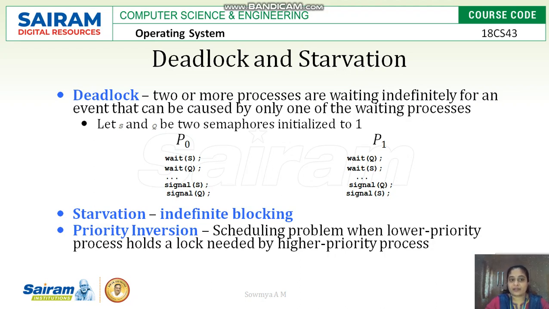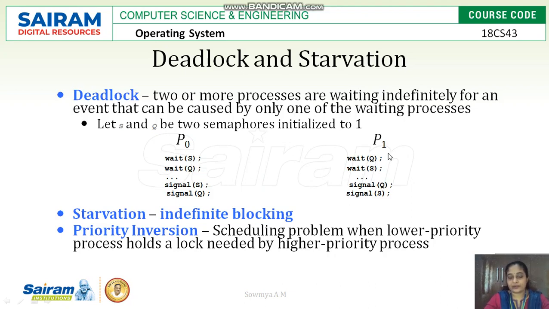Let's consider we have S and Q as semaphores. P0 is always waiting and P1 is always waiting, because P0 is waiting for the semaphore S and P1 is waiting for the semaphore Q. Taking it the other way, P0 is waiting for S and Q, and P1 is waiting for Q and S. Without releasing Q, without releasing S, P0 cannot execute.